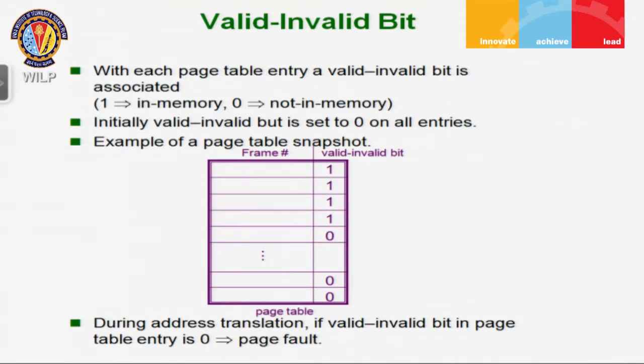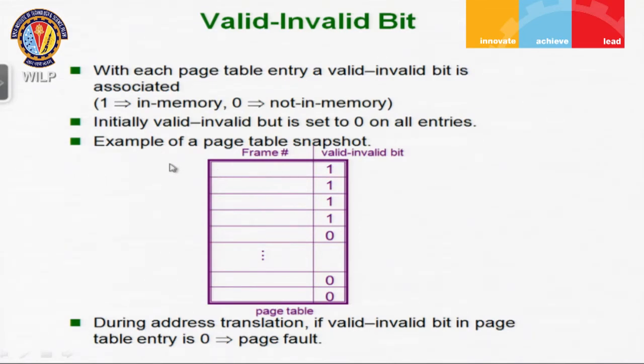Each entry would correspond to one page. With each of the pages, we associate a valid and invalid bit, which is a single-bit flag. In this diagram we can see that we have a frame number and then we have a valid and invalid bit.